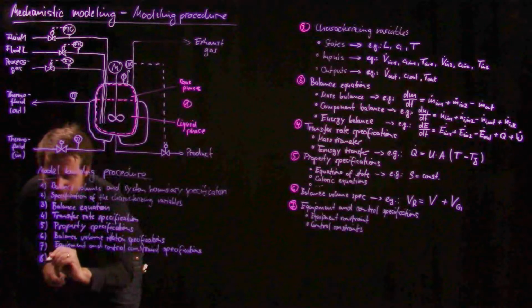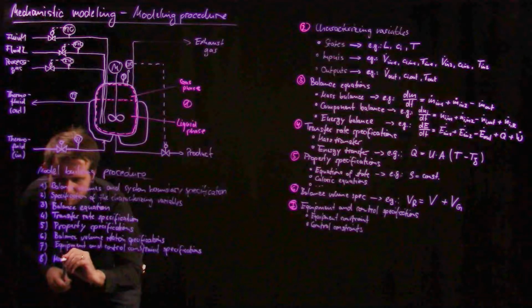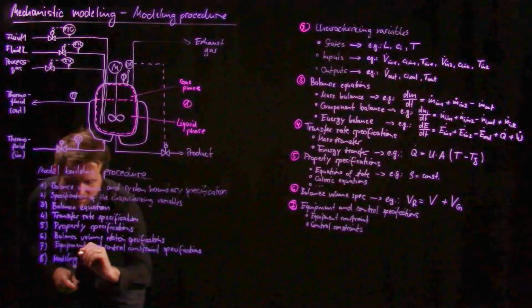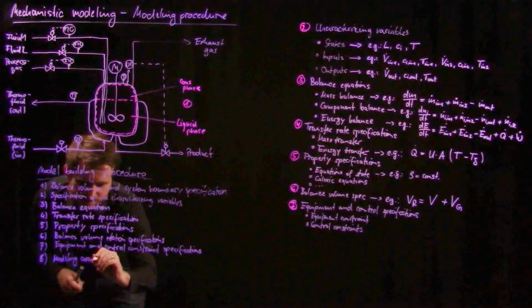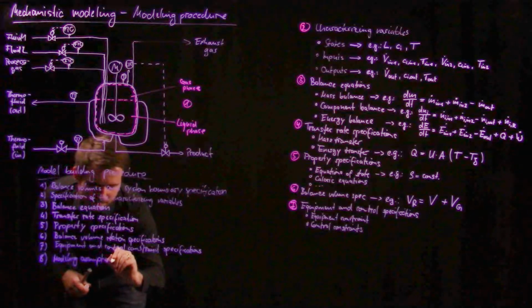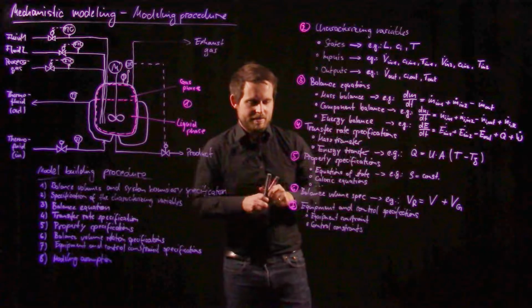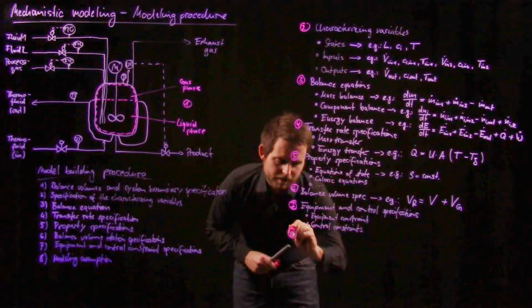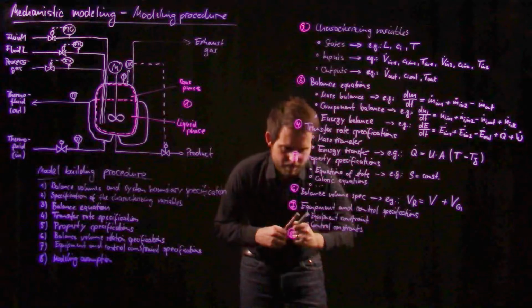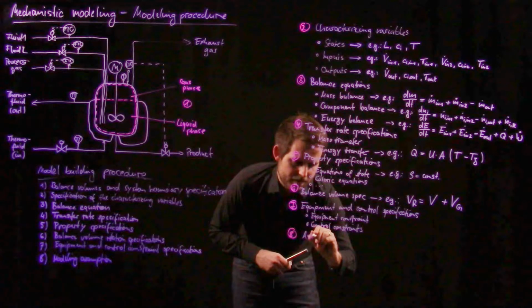And this is the last ingredient, modeling assumptions. And we should list them when we are modeling. So it's 8. Assumptions.